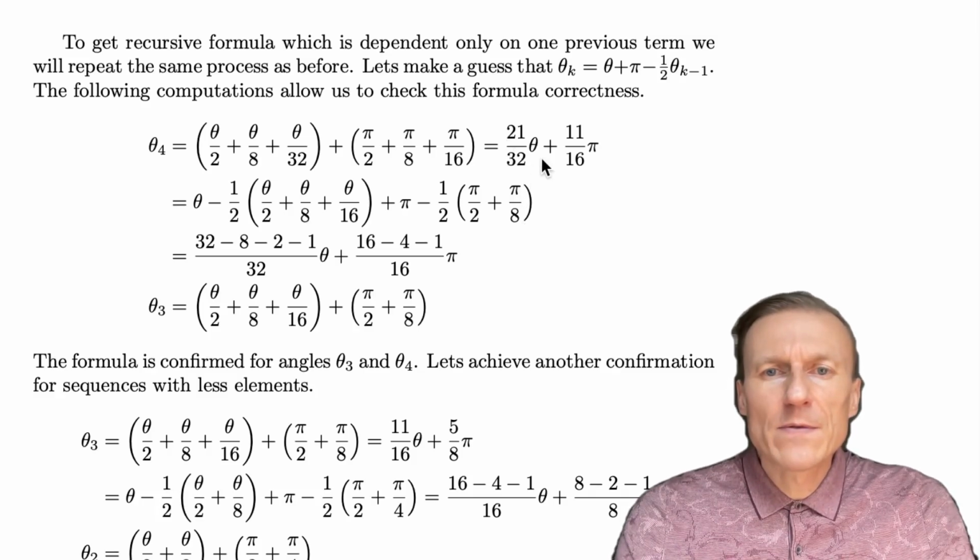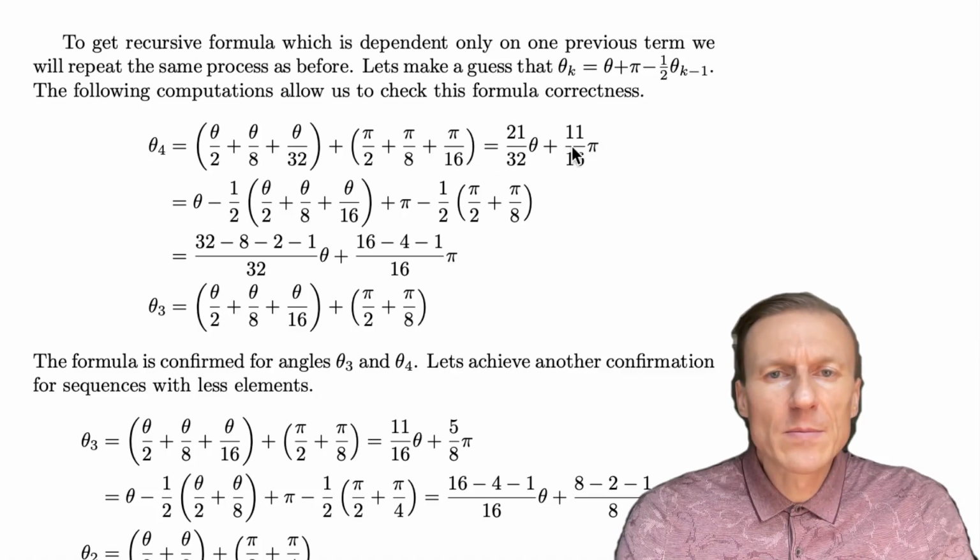So we have two terms, one involves theta, another involves pi, 21 over 32 and 11 over 16. I will represent both these formulas in such a way to show that it depends on the previous term. We have already computed the previous term. Theta 3 equals the following.